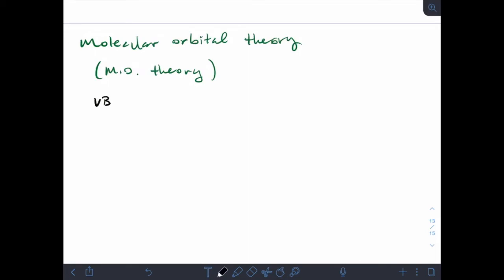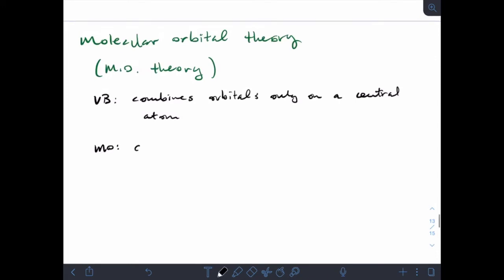Valence bond theory combines orbitals only on the central atom. MO theory, molecular orbital theory, combines orbitals on all atoms, not just a central atom.